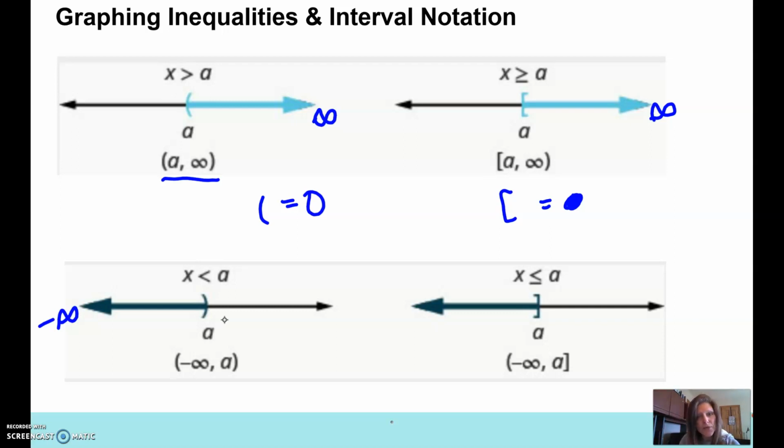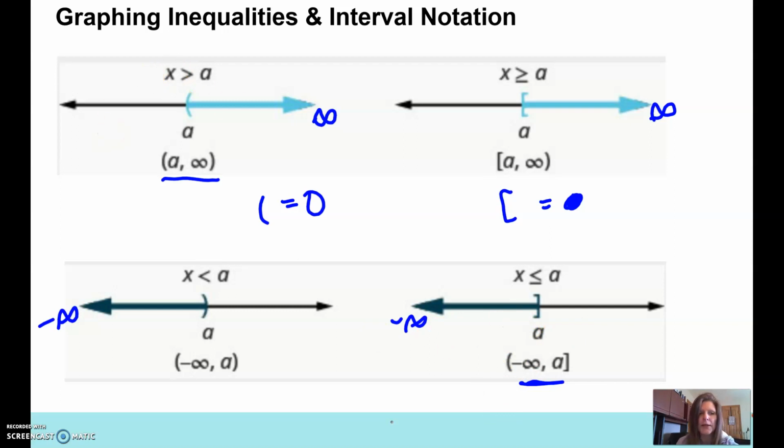So we use that parenthesis. On the x is less than or equal to A, well, it's shaded here on this left side, starting from negative infinity up to the A, but this time it's or equal to, so we use that bracket, right? So my interval down here matches my number line. Just remember, you always use that parenthesis on infinities.